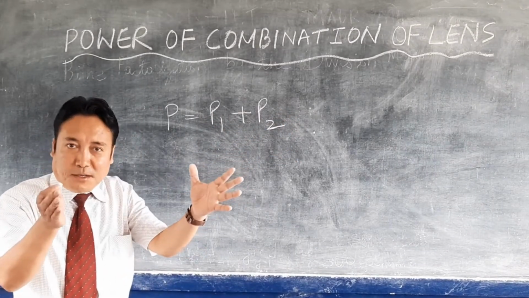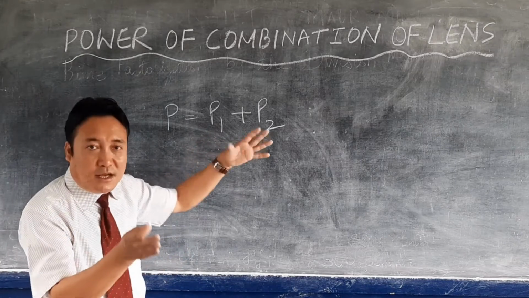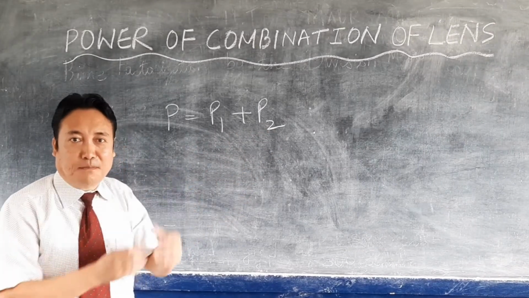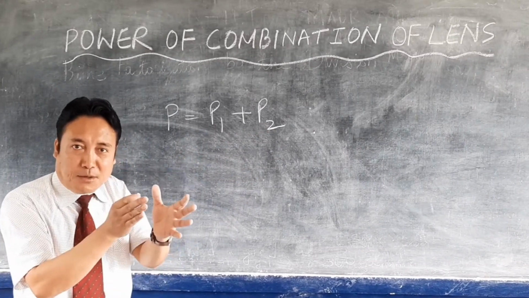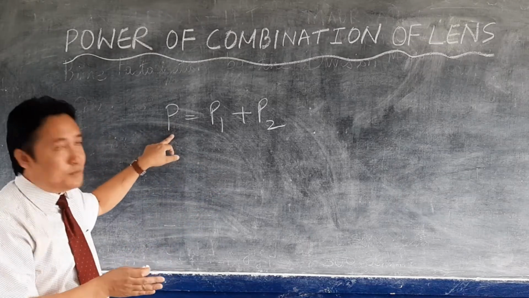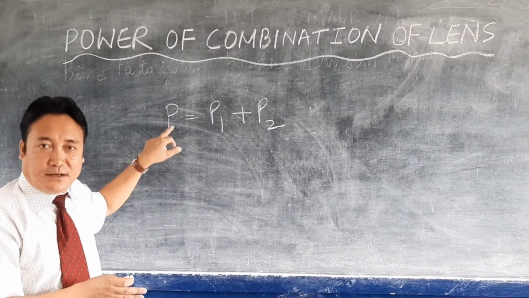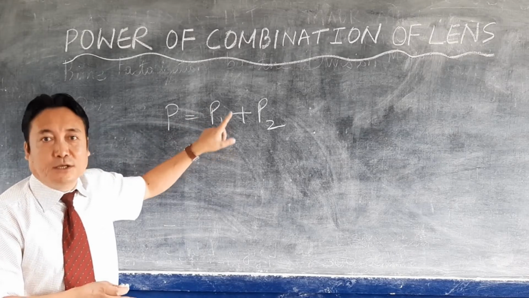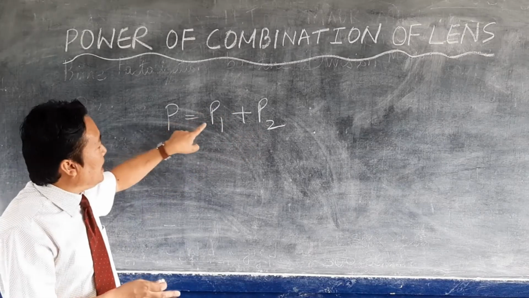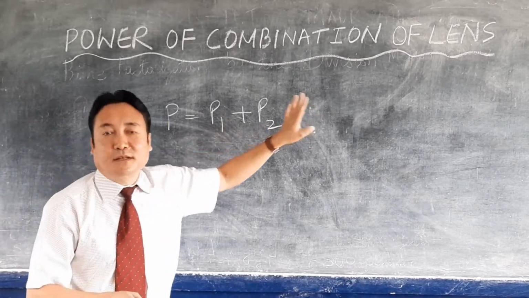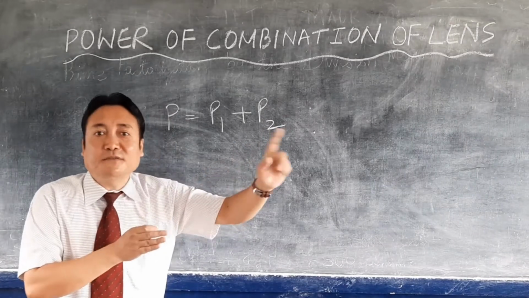Now these two lenses we are combining, and the power of those lenses we are combining. When you combine them, the resultant power P is equal to the algebraic sum of individual powers. Understood that? Algebraic sum of individual powers.